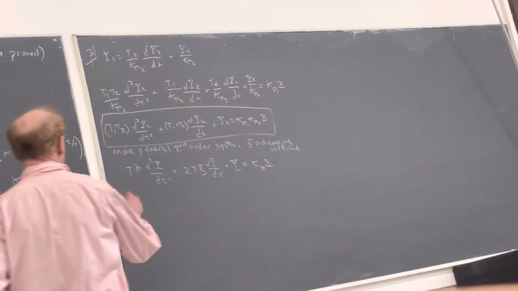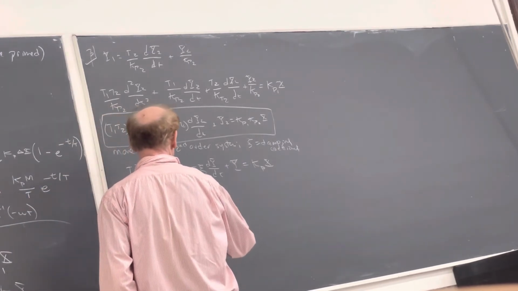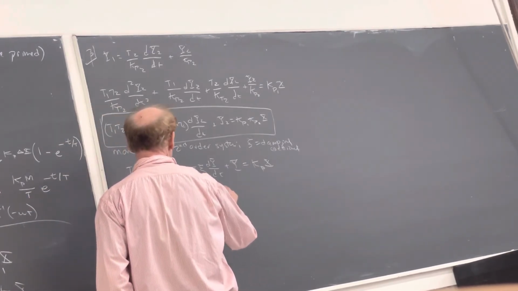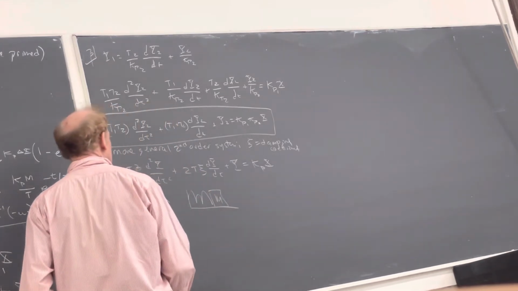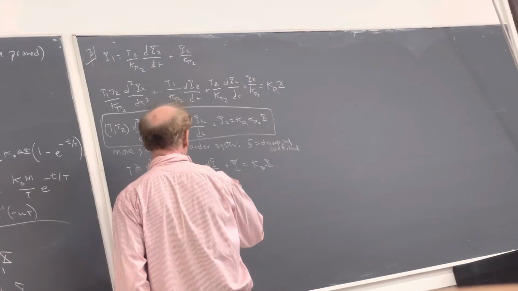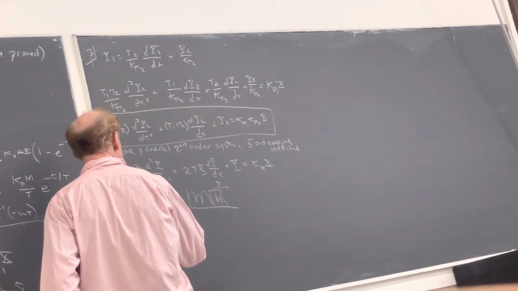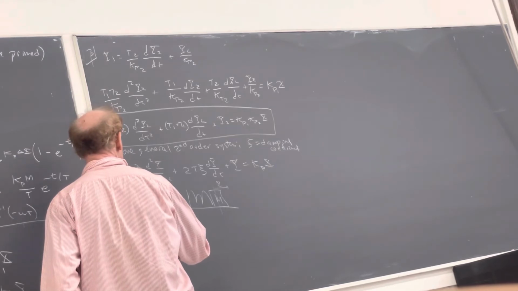So recall, if I have a block on a spring, a mass, and this is the displacement from equilibrium called y. Then I have the mass times acceleration, the mass times d squared y/dt squared.